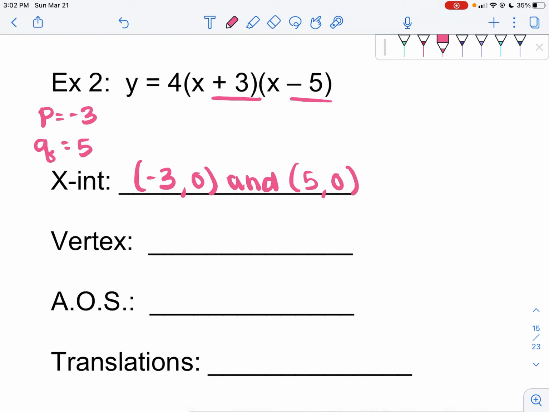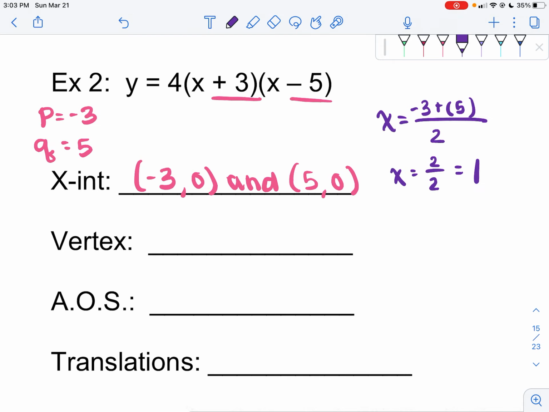Okay, to find the vertex, we're going to take the average. So x equals negative 3 plus positive 5 over 2. So x equals 2 over 2, so x equals 1.